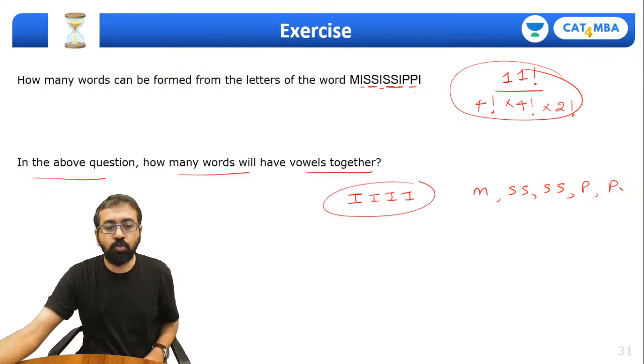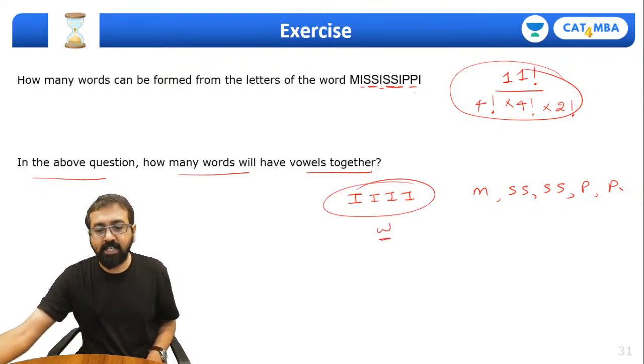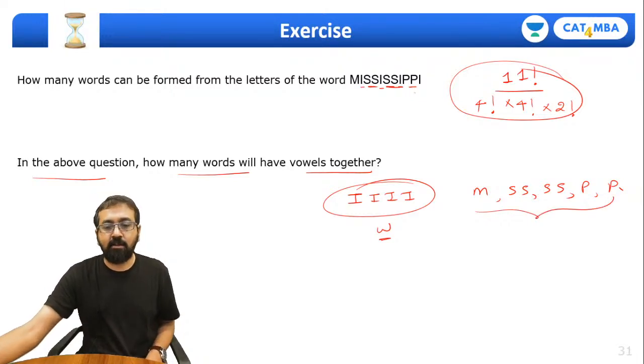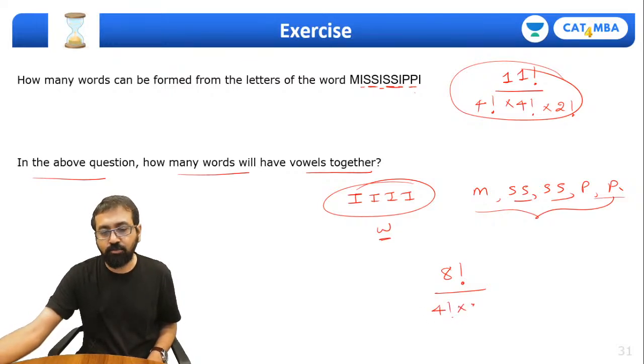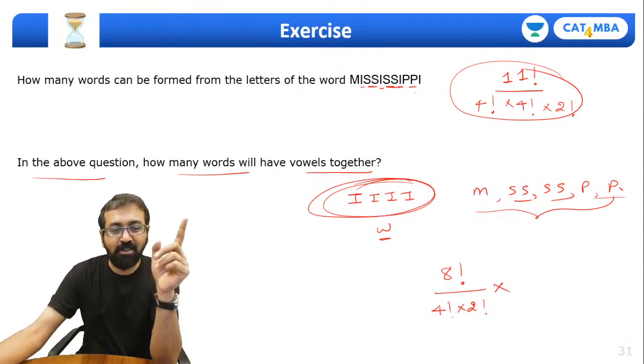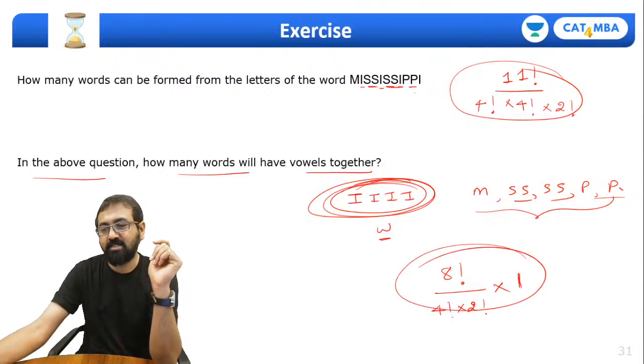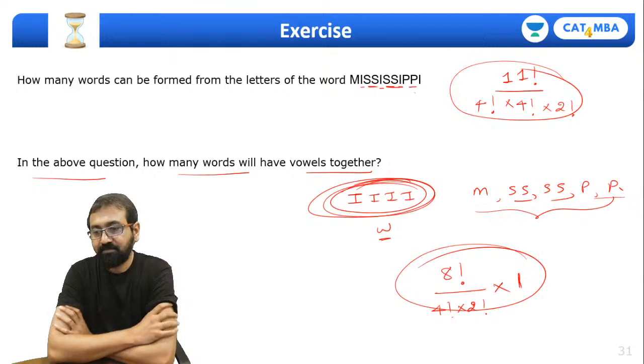Now I want to keep these vowels together, so let's consider them as one letter W. This one letter W and these 7 letters, a total of 8 letters, can be arranged in 8 factorial ways. But again, divide by the similar letters, so 4 factorial by 2 factorial. Into this, the 4 I's can be arranged internally in just one way because all are the same. So just one way. So this is your answer, right?